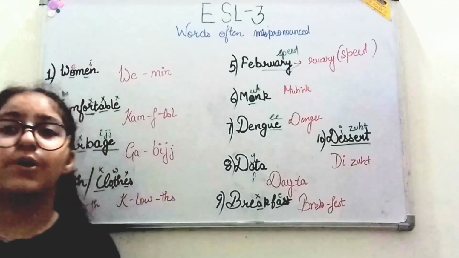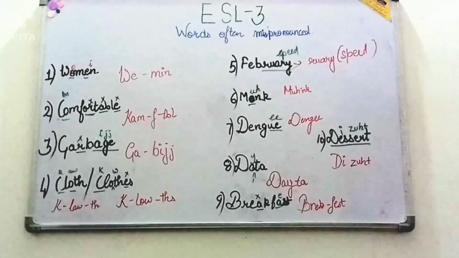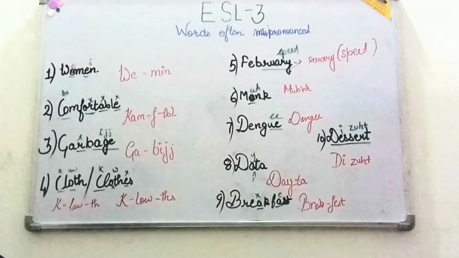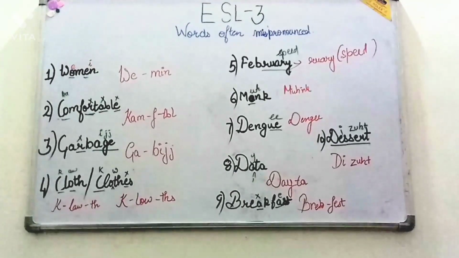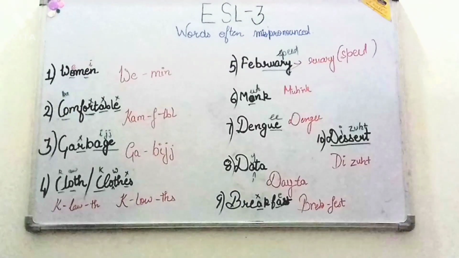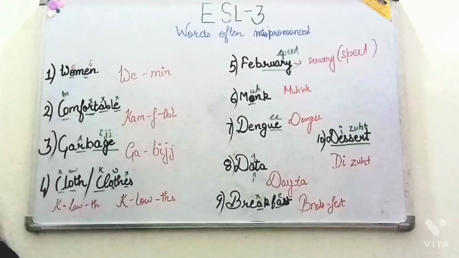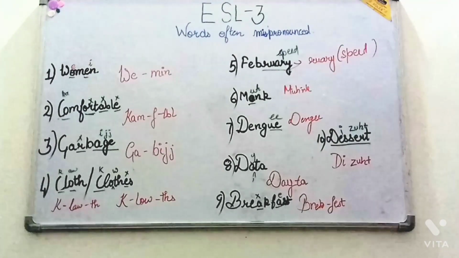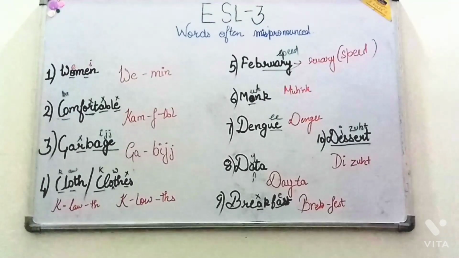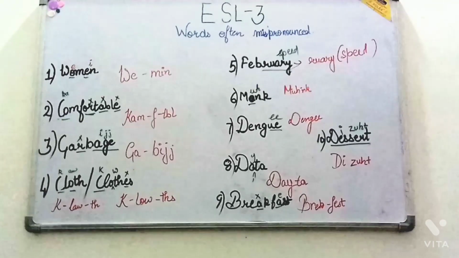Here we have done all 9 pronunciations today. So let's try to pronounce them with me. Number 1, women. Say it after me. Women. Number 2 is comfortable. Number 3 is garbage. Then number 4, cloth and clothes.